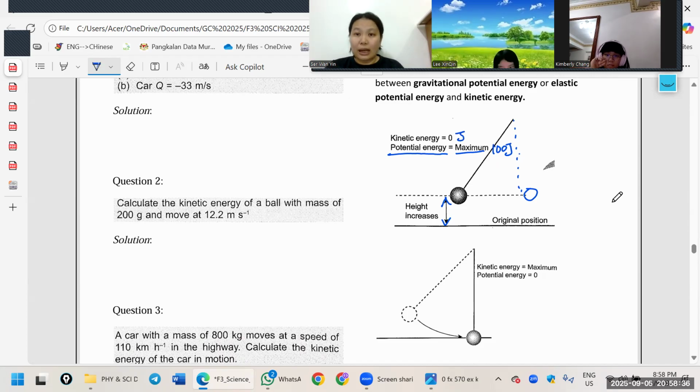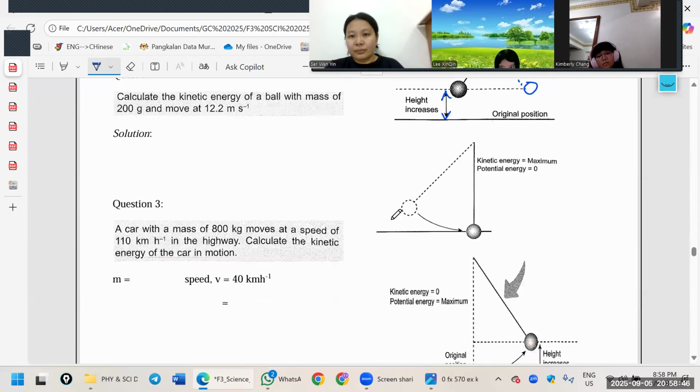Do you know why? Because it's not moving. See? But when it swings down to here, it will have kinetic energy of 100 joules, maximum, but no more height. When it drops back, no more height, so 0 joules of potential energy.